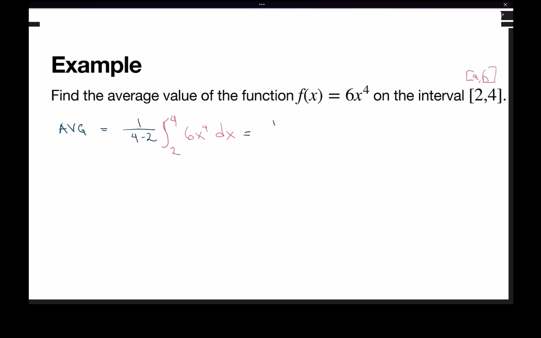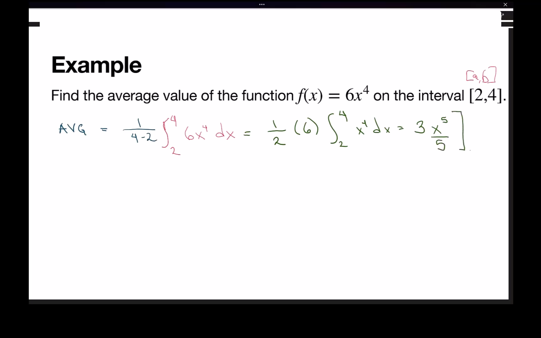This is equal to 1/2 times the integral of 6x to the fourth. We'll take the 6 out. We'll take the integral from 2 to 4 of x to the fourth dx. We have 3, 6 divided by 2. Then we have the integral of x to the fourth, which is x to the fifth over 5.